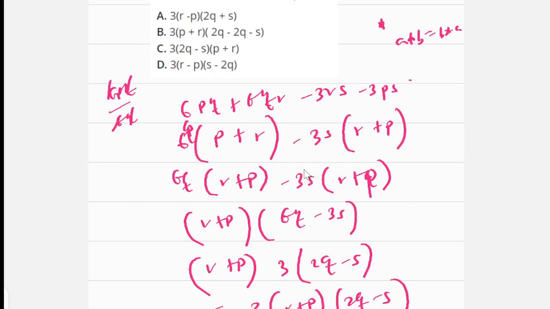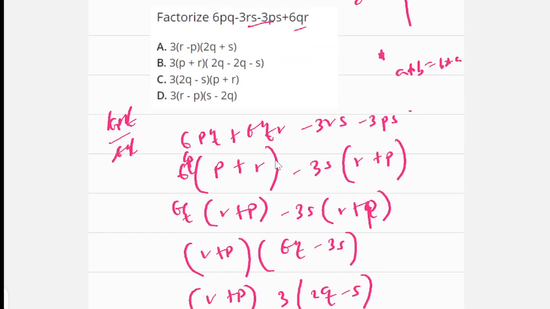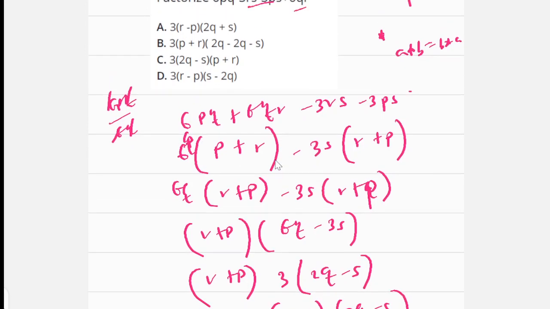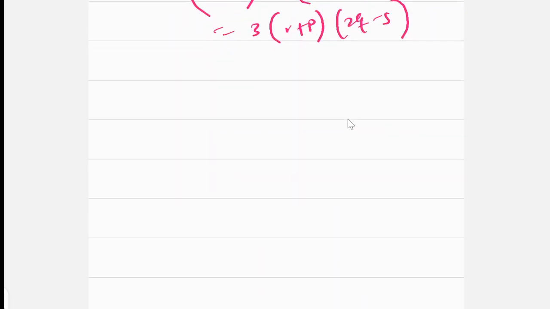Okay, I don't make a mistake. 6q minus 3s. Then 3 is common, 2q minus s. Let's check it again. 3 times p plus r, 2q minus s. I think they made a mistake here. Maybe this one is not there. So yeah, that is that. It might be a typo when we were typing the question maybe.